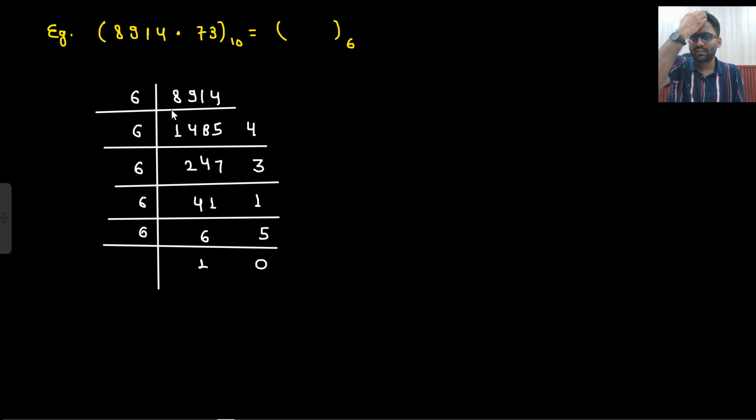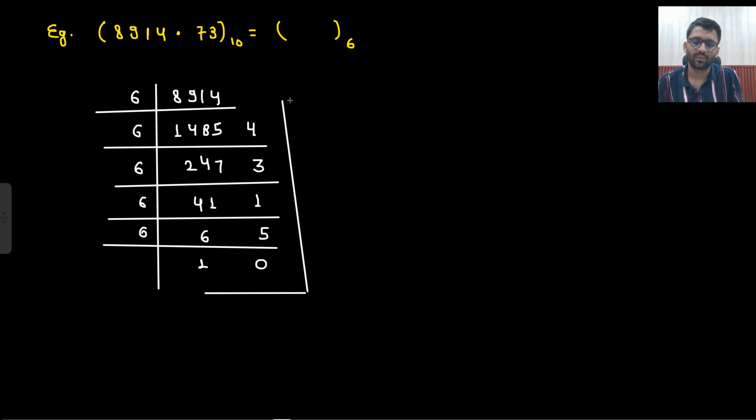So let's check. This was correct, this was also correct. Okay, so let's go from down to up. So that would be 1 0 5 1 3 4.